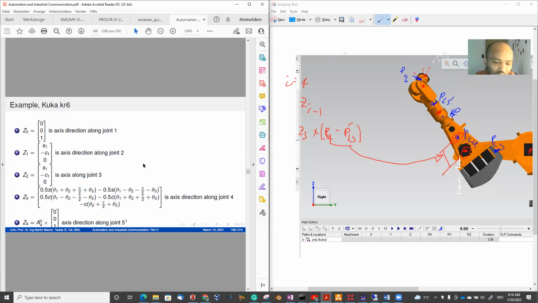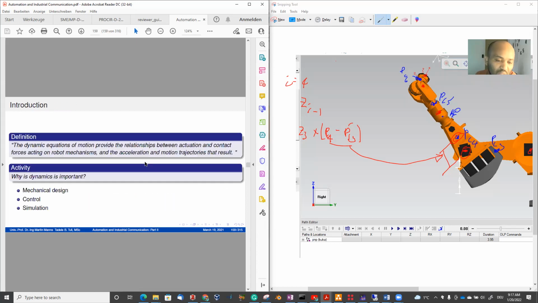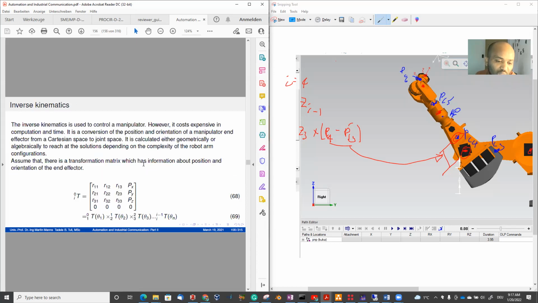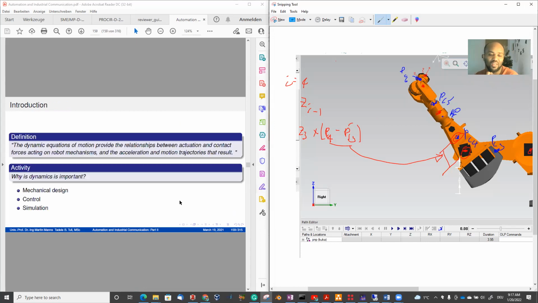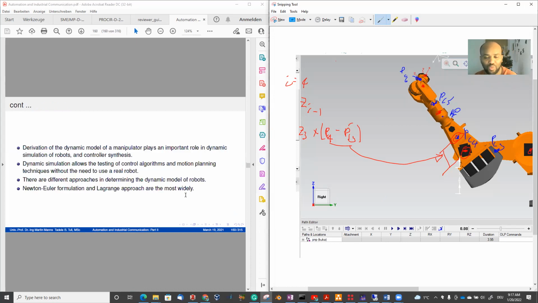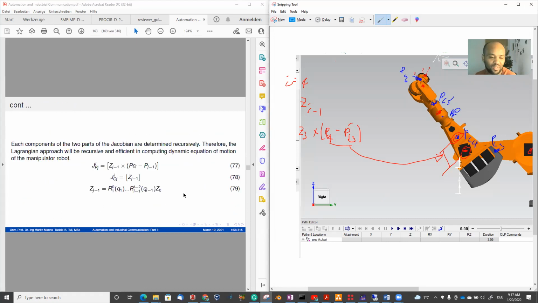This is the third component; it may get complicated when you have many multiplications, but you take this axis. So Z3 times the distance, the Z axis times this distance, gives you the Jacobian matrix for linear motion.